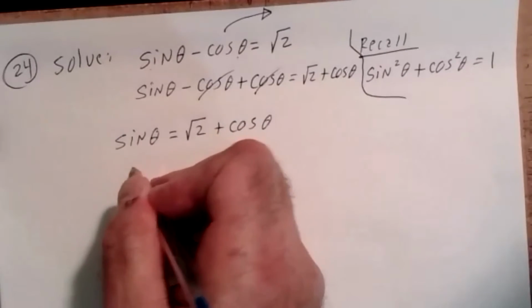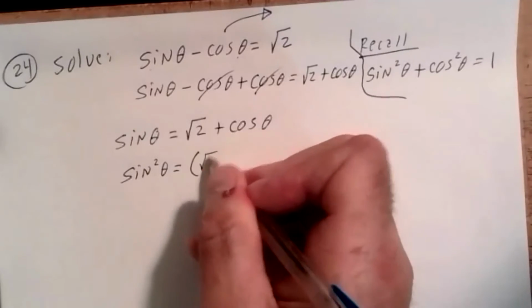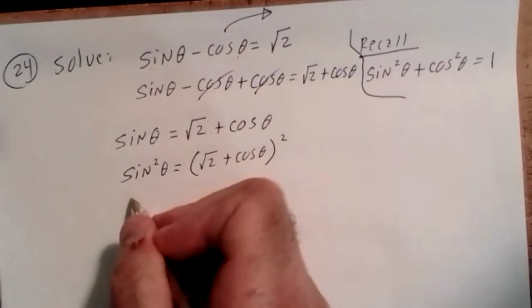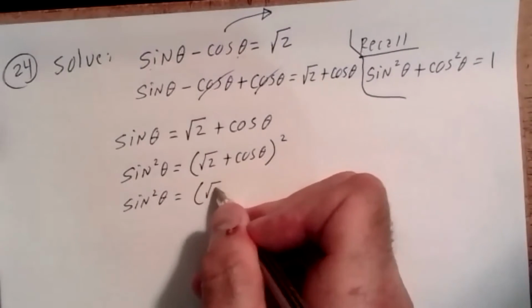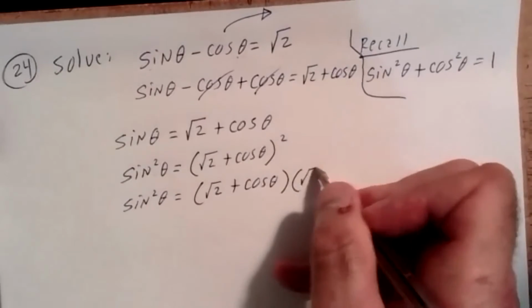Let's square both sides. Square the left side, and then you got to square the right side. Squaring the right side involves foiling this out, if you will, borrowing the algorithm from algebra.